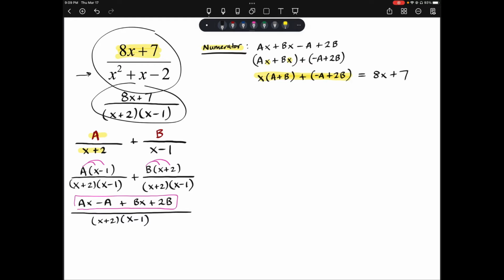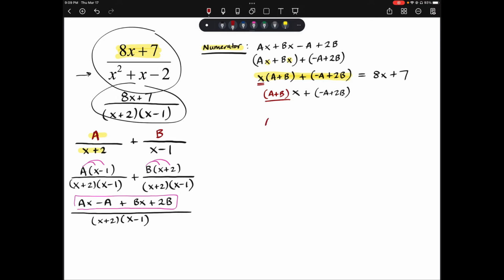So if that's the case, we can see where the x comes from. Our x shows up right here, or you can think about this as a plus b times x, and then we have plus our negative a plus 2b. Well, this part of it right here has got to end up equaling 8.